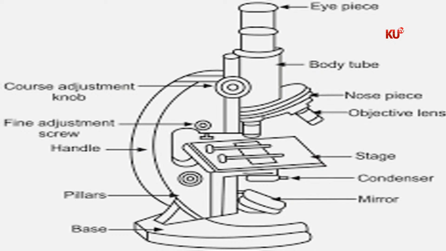So an eyepiece usually magnifies 10 times. That is our eyepiece, which is on top, the first part of the microscope.